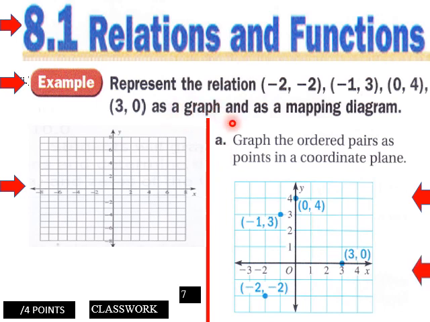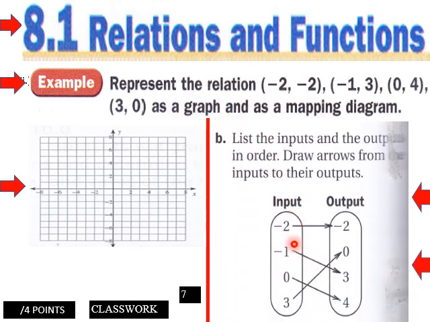That is a graph. A mapping diagram will be like this: list the inputs and outputs in order. So we have -2, -1, 0, 3 as inputs, and -2, 3, 4, 0 as outputs. Here's your mapping diagram.